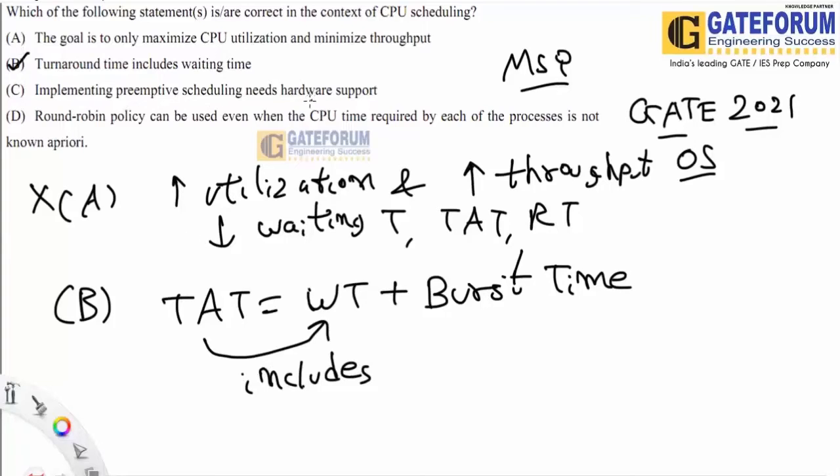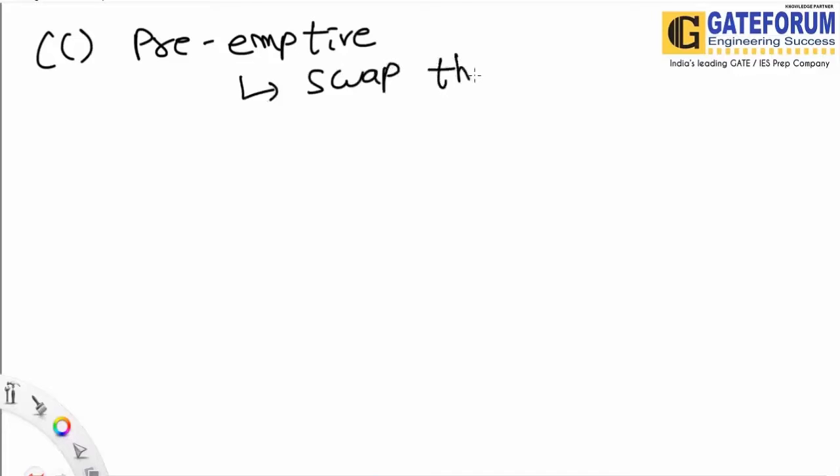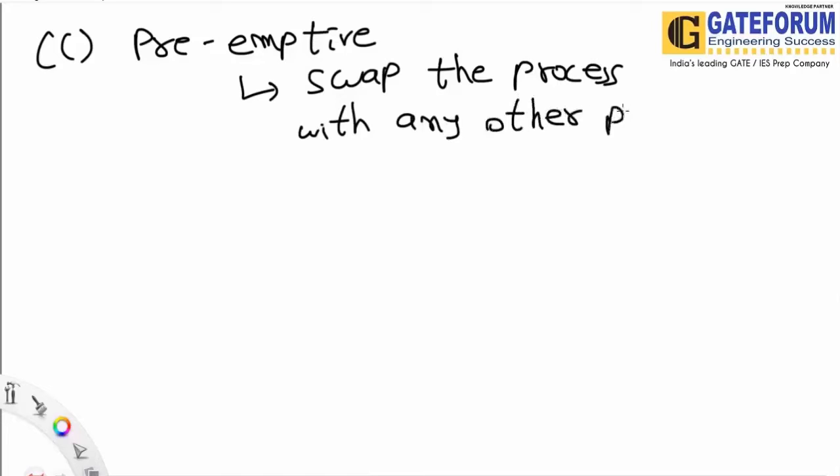Implementing preemptive scheduling requires hardware support. In option C, whenever we do preemptive scheduling, it means we need to swap a process with any other process based on the requirement, based on the priority.